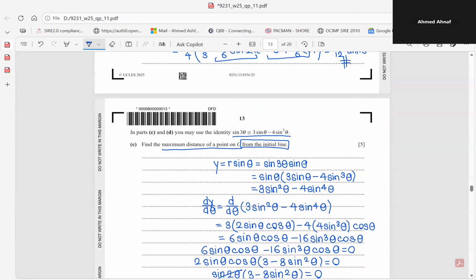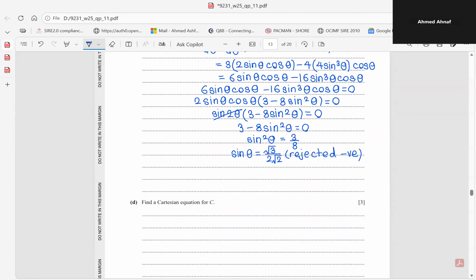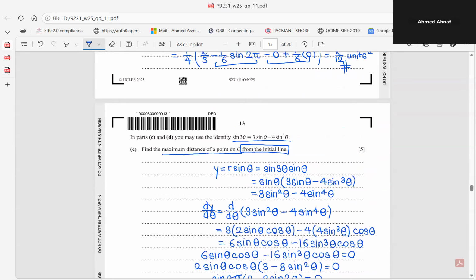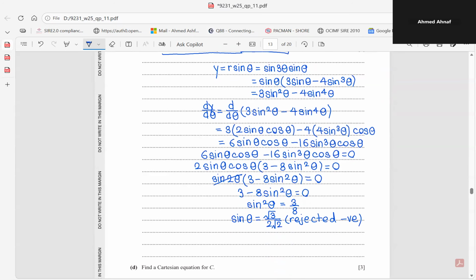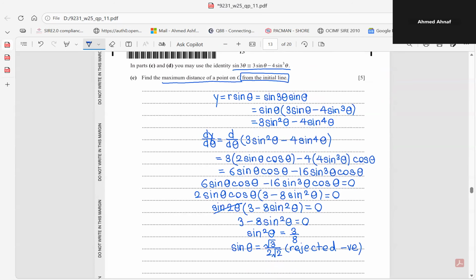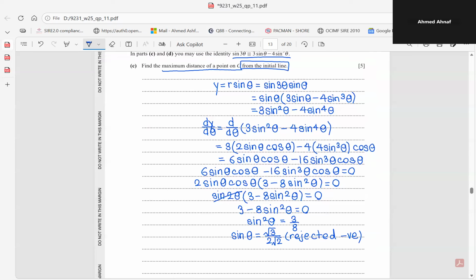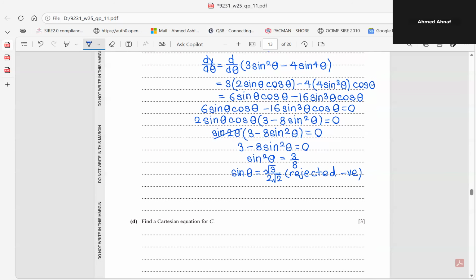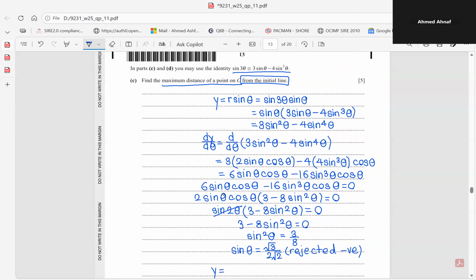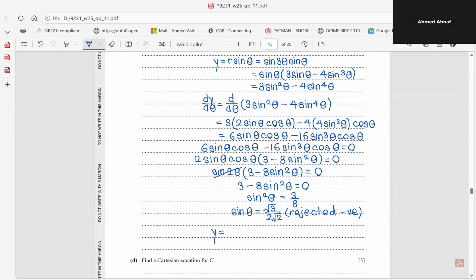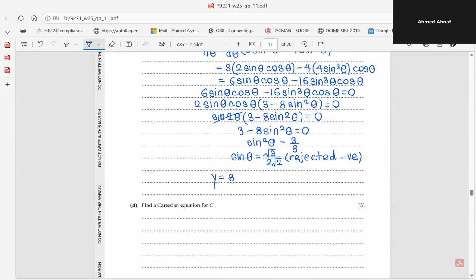Oh, wait. Yeah, we just want to find the maximum distance. So we need to find the value of r. So just substitute it directly into the equation.